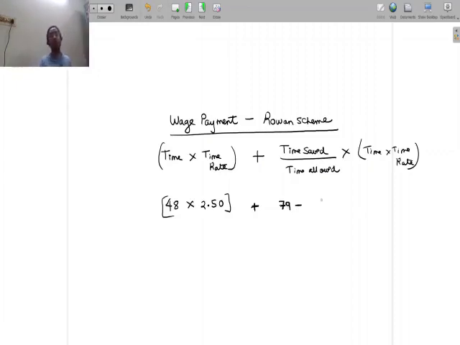Now again workers might come and tell me, look, we wanted wages minimum for 48 hours, but when you're talking about bonus, you allowed 79 hours. We didn't completely work for 48 hours. So for bonus calculation, you should calculate time saved as 79 minus 44, because what must have taken us 79 hours, we were able to do in 44 hours itself. So it is incorrect for you to say 48 hours.